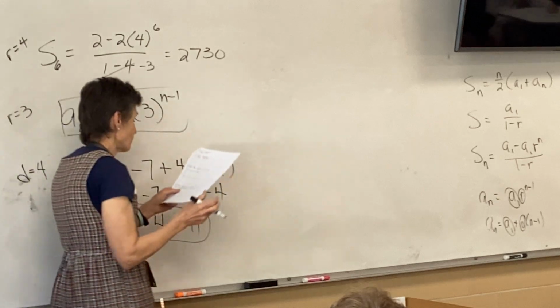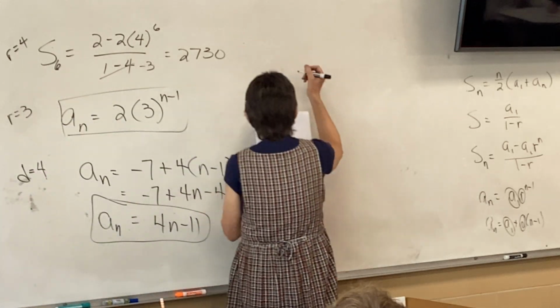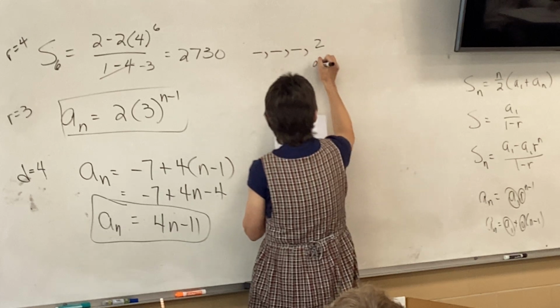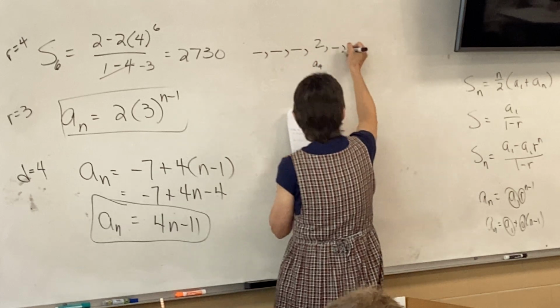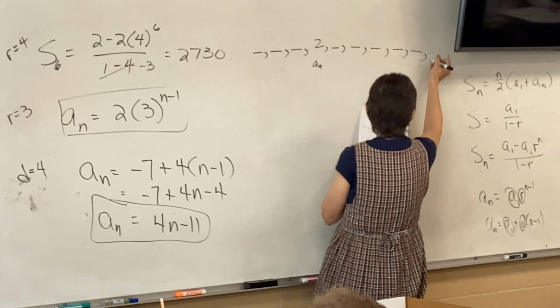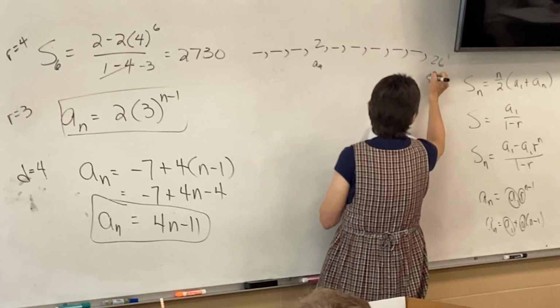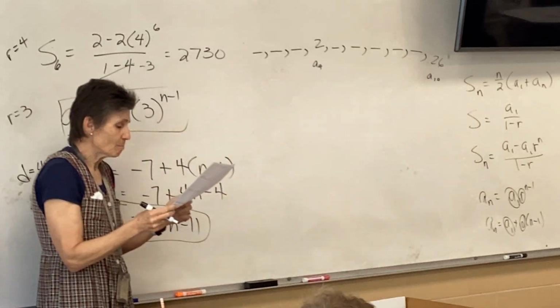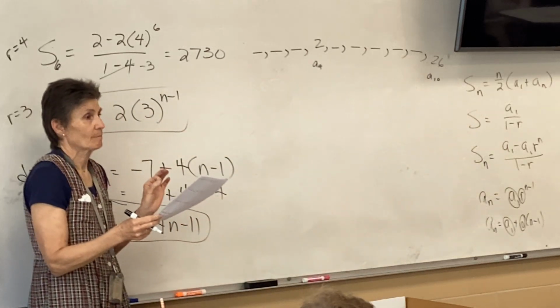All right, number 5 is one of those weird ones where we know the 4th term is 2. 5th, 6th, 7th, 8th, 9th, 10th term is 26. So we have an arithmetic sequence.